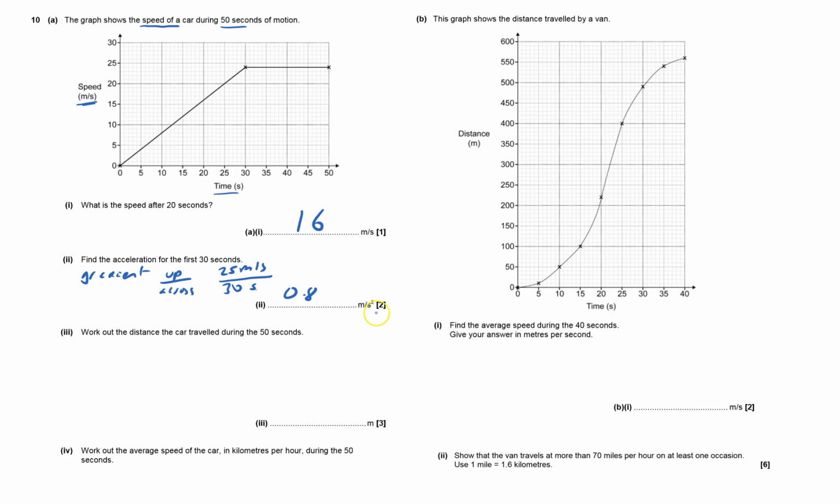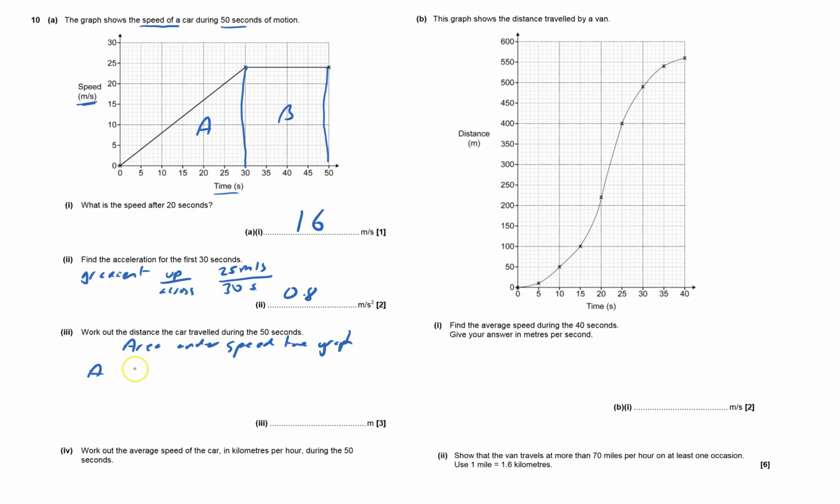That's the 2 marks. Distance the car travelled during the 50 seconds, that's the area under the speed time graph, or velocity time graph. And so it's got 2 bits to it. It's got this bit here, which is a triangle, and this bit here, which is a rectangle.